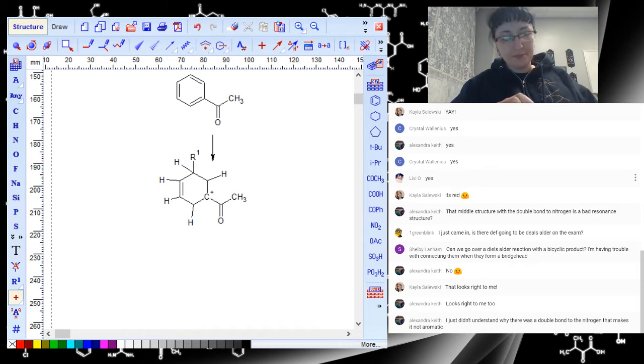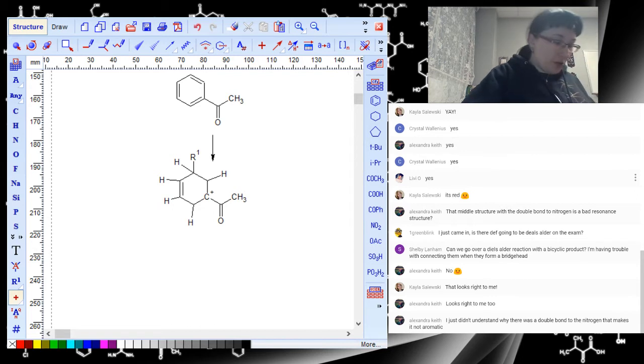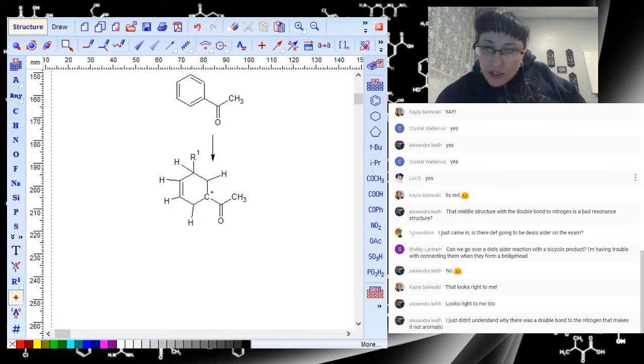Dog's a monster. All right, so looking at a Diels-Alder type structure, which is what I'm making right now. And remember, you can use your model kits. I just didn't understand why there was a double bond to the nitrogen that makes it not aromatic.